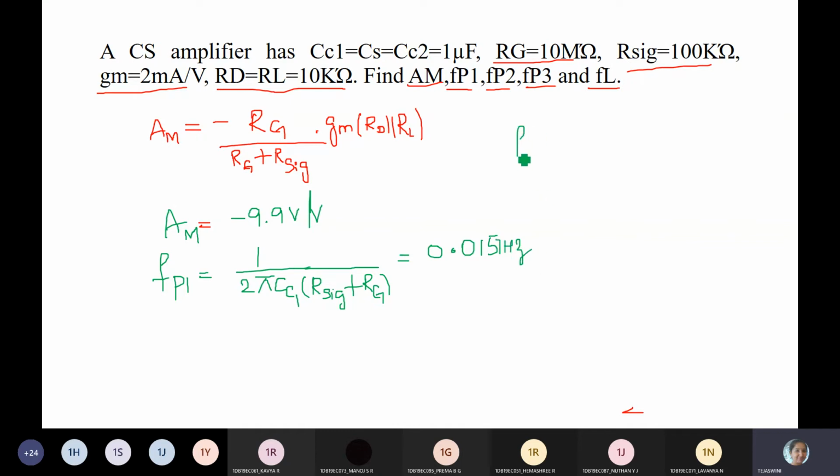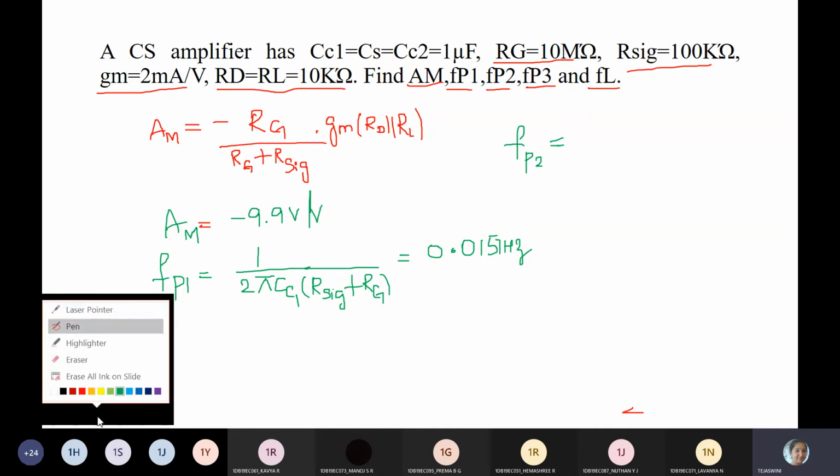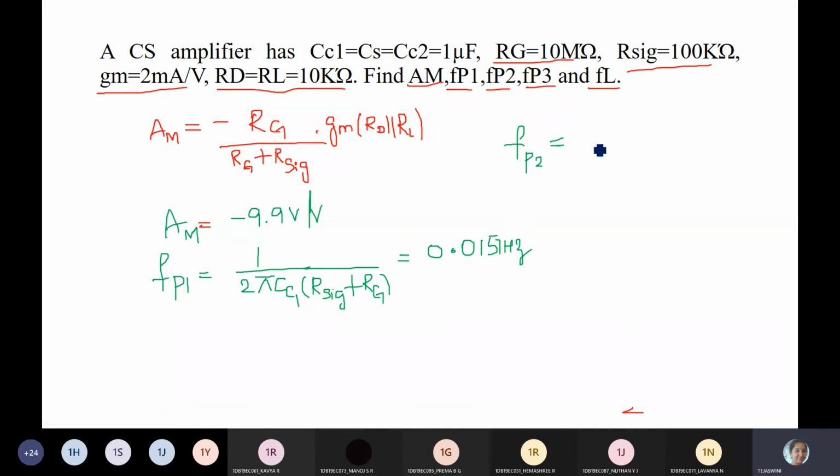Can you tell me the formula for FP2, Kiran? Not taken? Yes, all of you got 0.015?